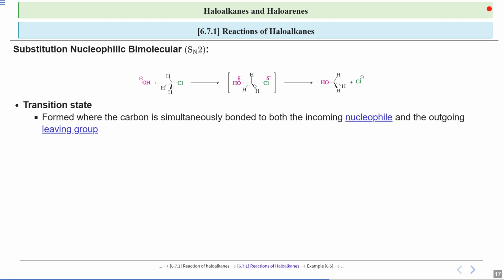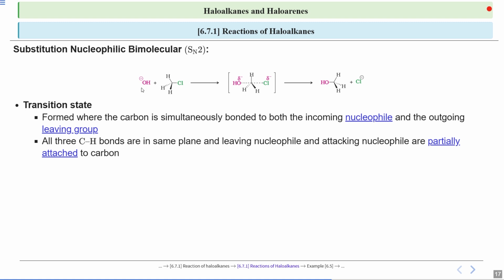The carbon is also attached to 3 hydrogens, so basically it has 5 bonds in the transition state, in which one is forming and one is breaking.